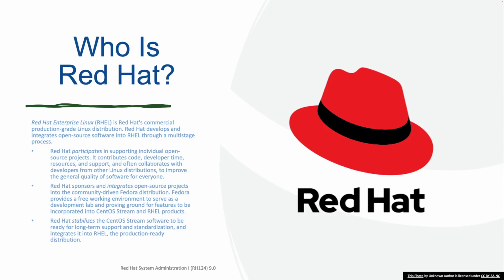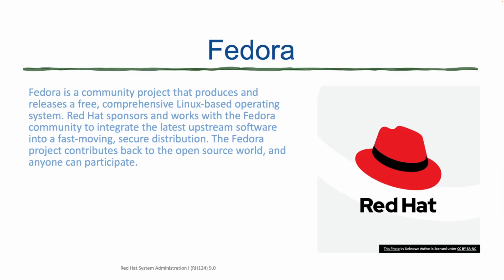Red Hat sponsors and integrates open source projects in the community-driven Fedora distribution. Red Hat stabilized the CentOS Stream software to be ready for long-term support and standardization. Fedora is the community project that produces and releases a free, comprehensive Linux-based operating system.